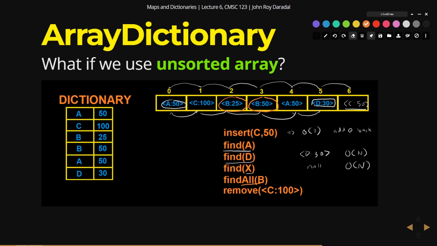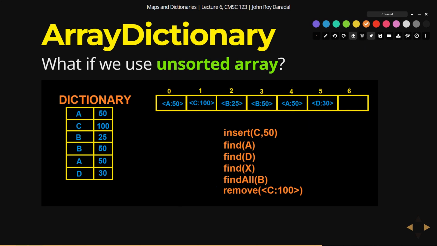And then one more thing when dealing with arrays is that if you remove C100, which is right here, to remove this, you need to search for it first, right? So is this C100? No. On the next one, it is C100, so you'll actually remove this.